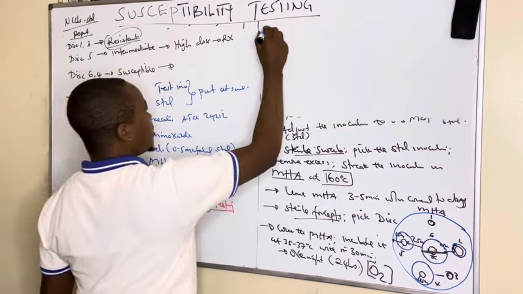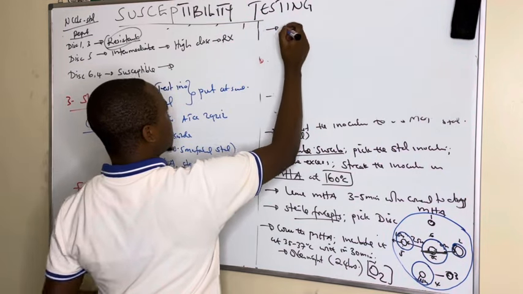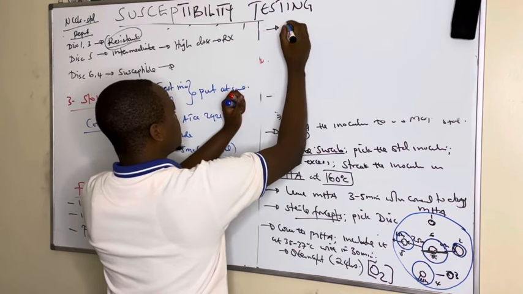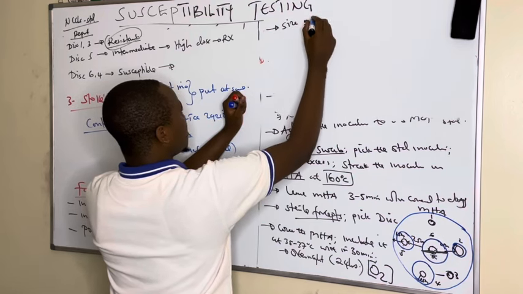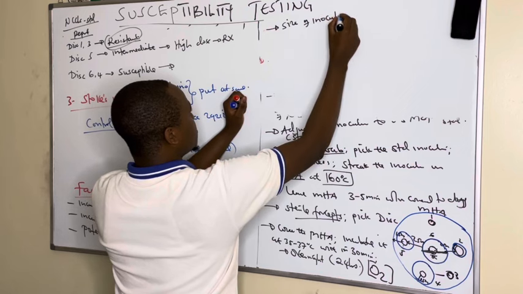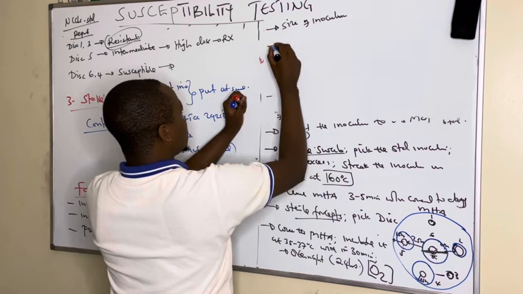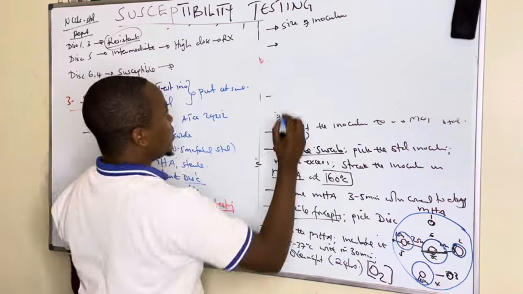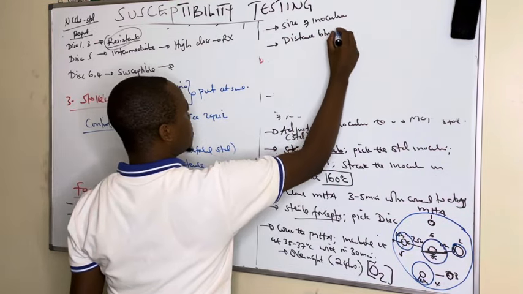Another point we can talk about is the size of the inoculum. Among the factors to consider is the distance between discs.